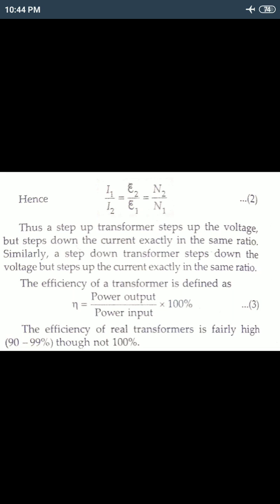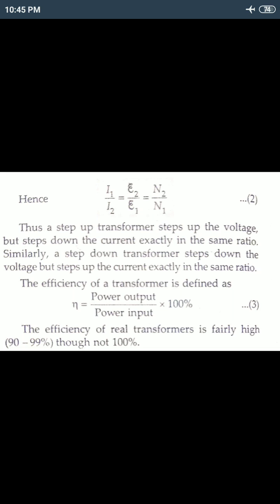It is 90 to 99%, but no electrical device has 100% efficiency. It is not possible. Some amount of energy is also lost. The main causes of energy loss in a transformer are eddy current loss, flux leakage and copper loss. Due to these, energy is lost. That's why it is not 100%, but near about it, 90 to 99%.